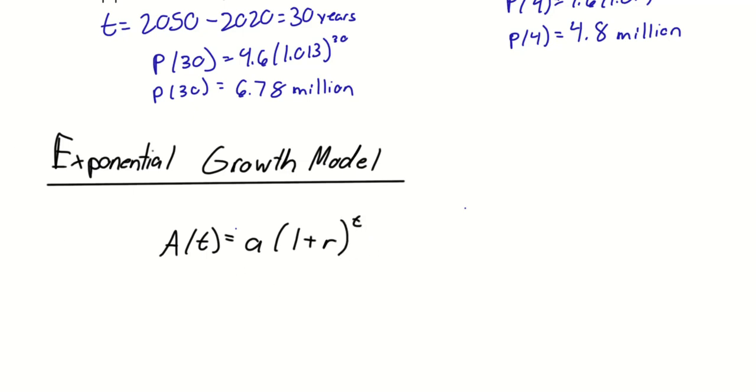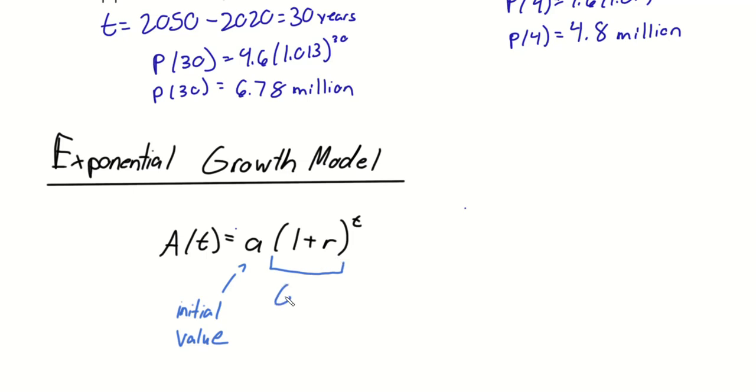Does anyone remember what A was in our original problem? Don't remember? It's a good thing you probably wrote it down. Yes, always going to be our initial value. Our 1 plus r, Michael, you asked me this question yesterday about why we added it to 1.